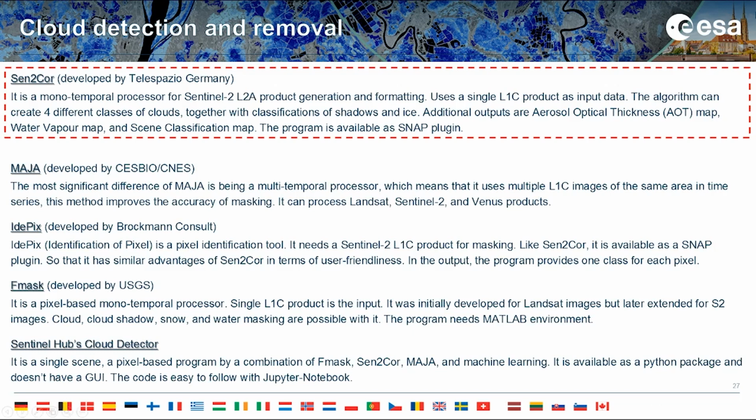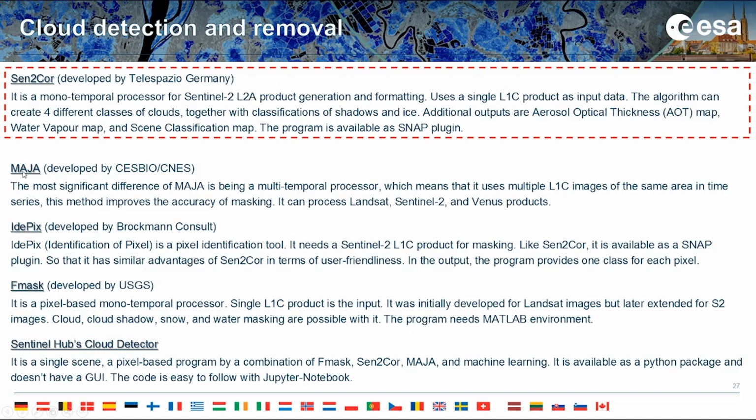We have the aerosol optical thickness map, water vapor map, and scene classification map. This scene classification has, if I'm not wrong, 10 bands, for land, water, cloudy pixel, partially cloudy pixel, cirrus cloudy, snow, and even other, maybe saturated pixel.